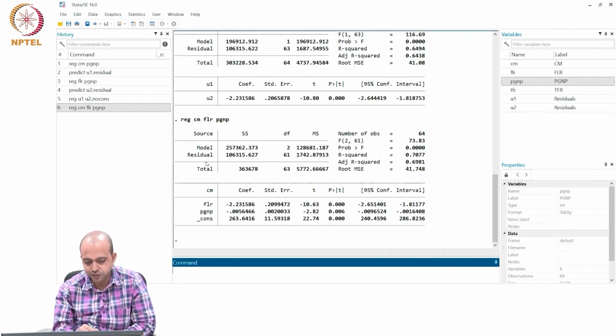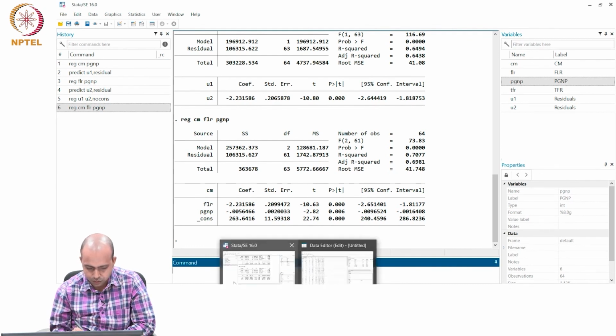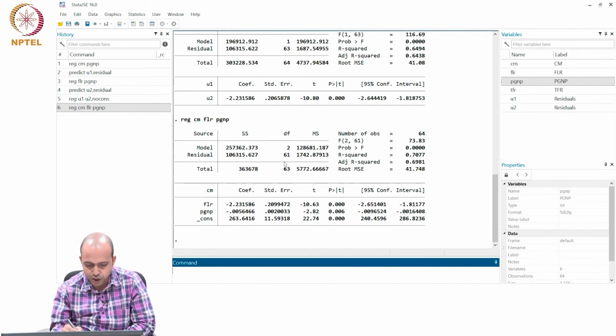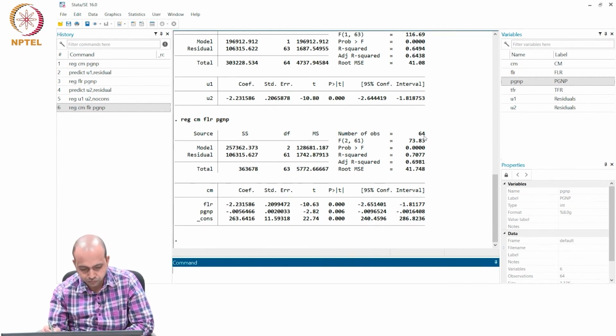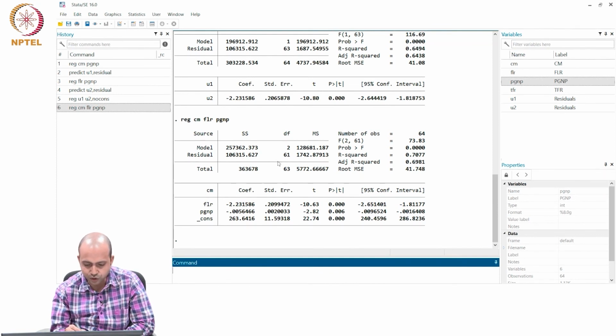That is why you see the degrees of freedom for the total is n minus 1, which is 63, and for the residual sum of square it is n minus k, which is 64 minus 3 equals 61, because k equals 3 here, with 2 regression coefficients and 1 constant term.